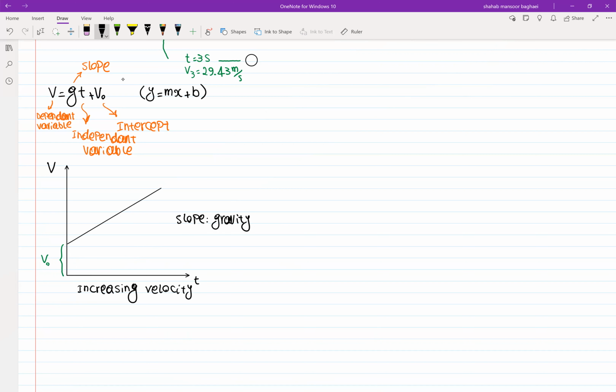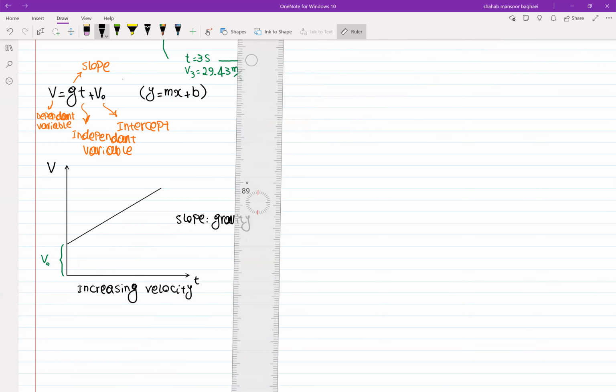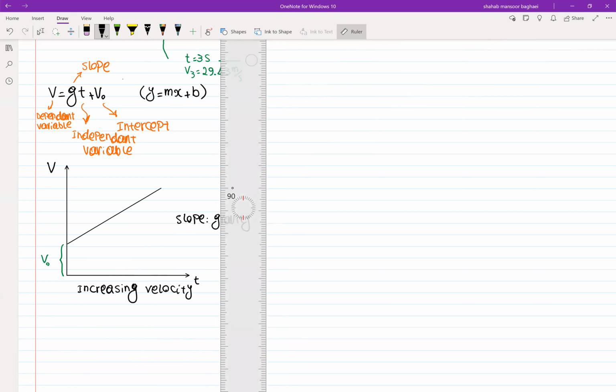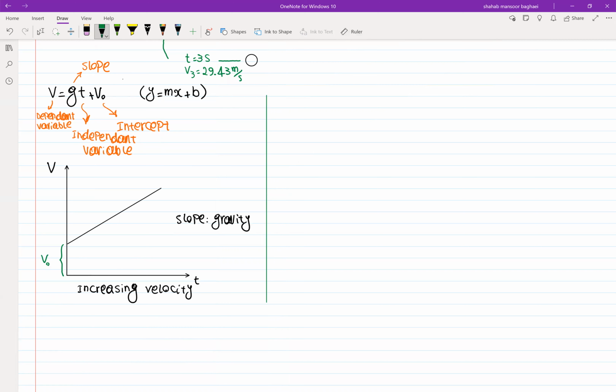Now, the second equation, it is the height equation. Look at this one. H equal to half gt squared plus v0t.